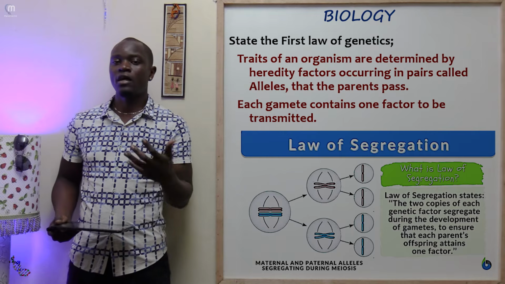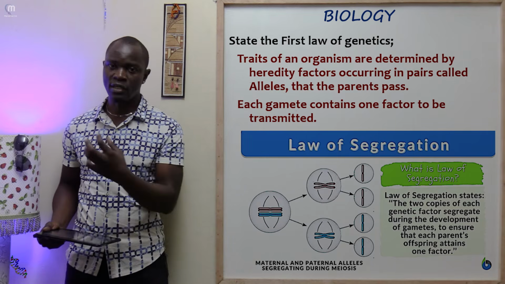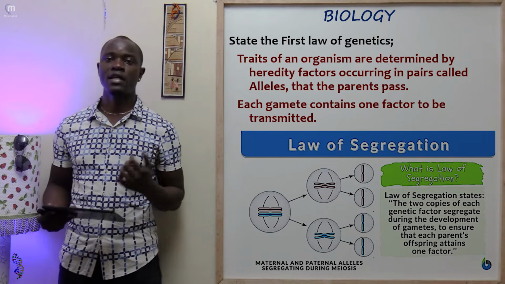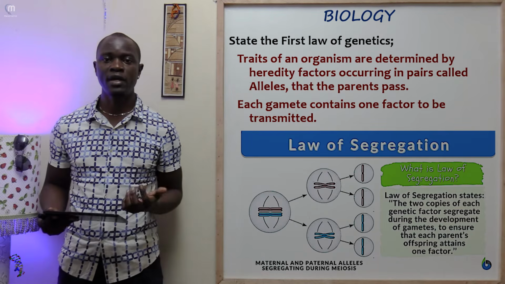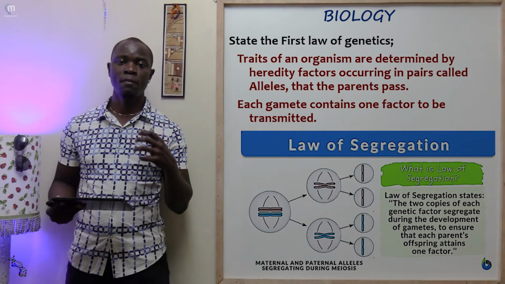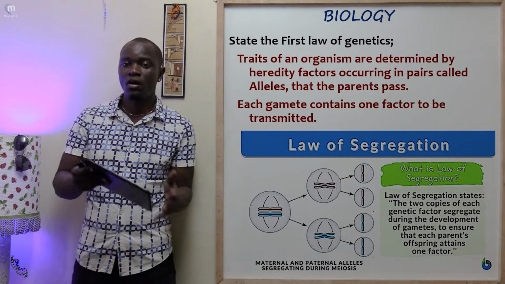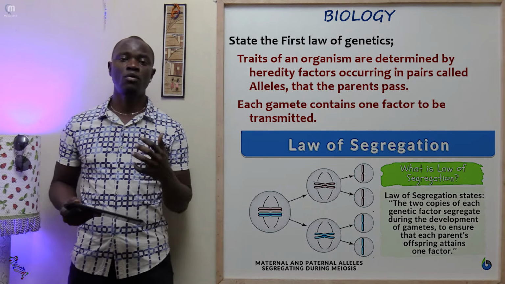They are either going to obtain the tall character or the short character. That is what it says. So the characteristic of an organism is determined by the hereditary factors occurring in pairs called the alleles. The offspring is either going to obtain the tallness of the dad or the shortness of the mom. So that is the first law of heredity.